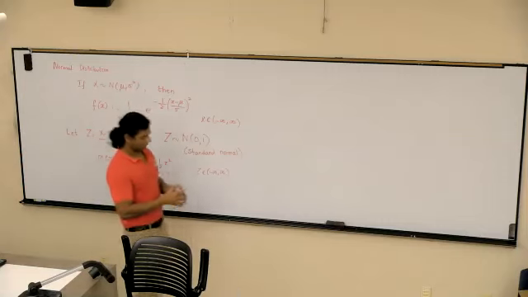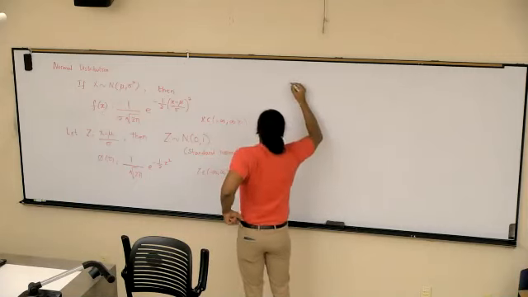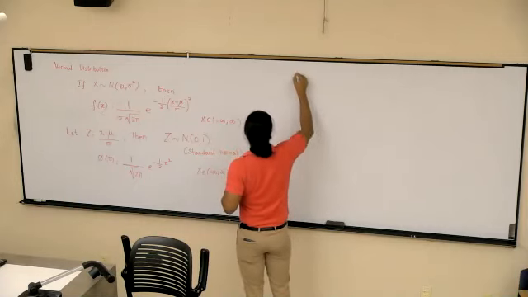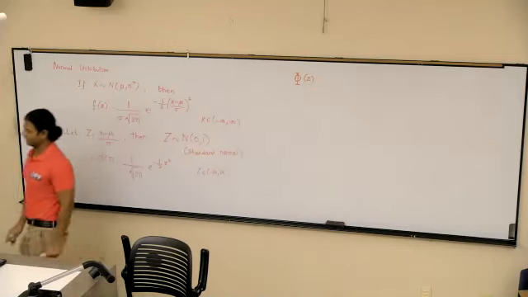The cumulative distribution function, denoted by uppercase phi of z.